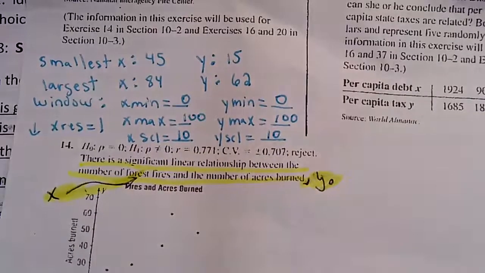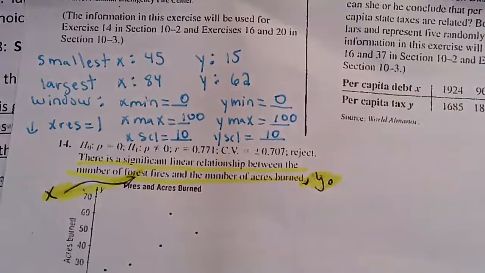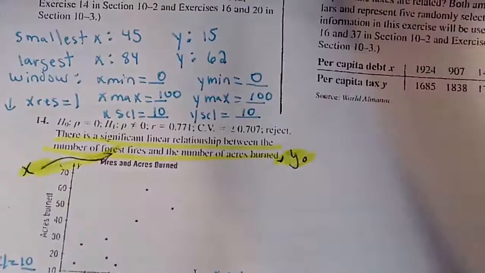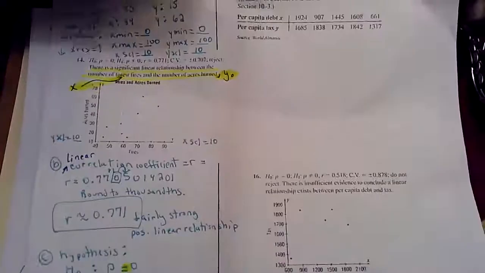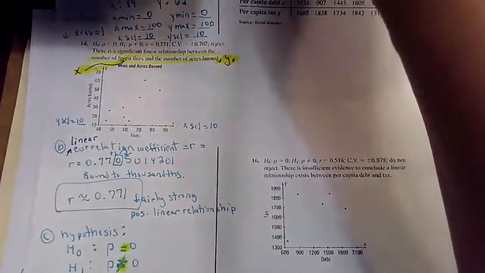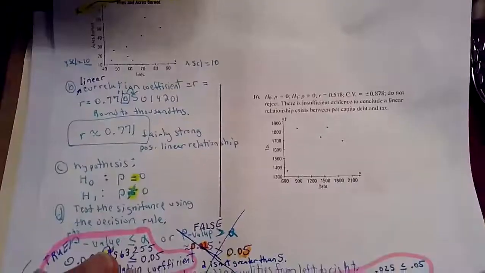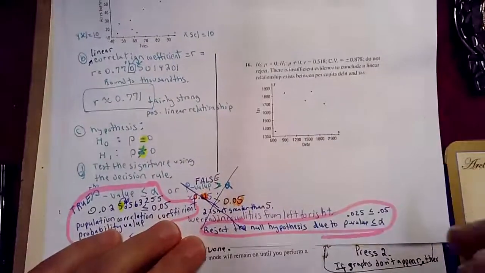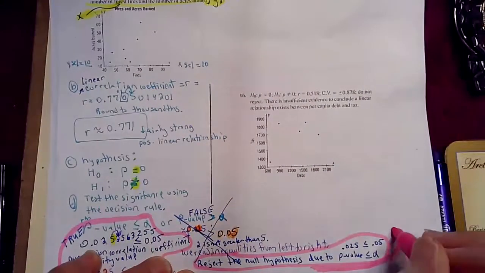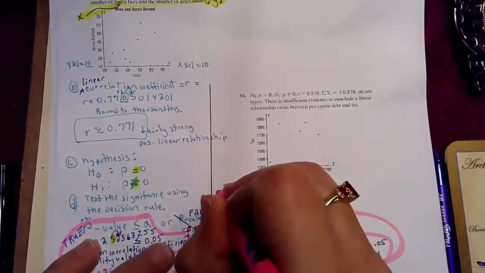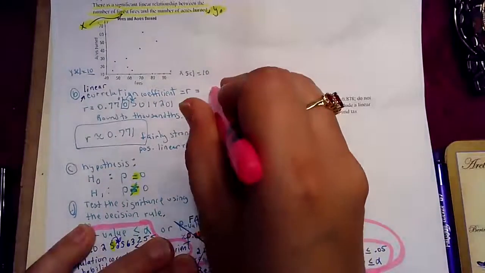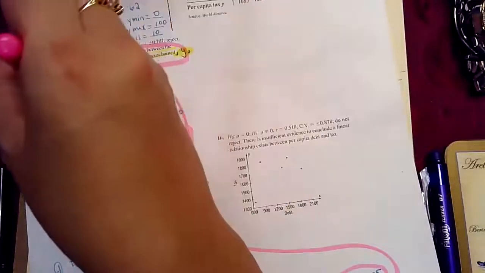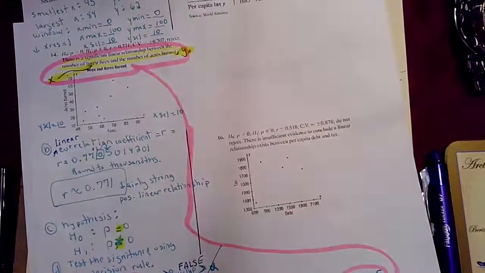So I'm going to draw an arrow from here, all the way back to there, so I don't have to rewrite that.